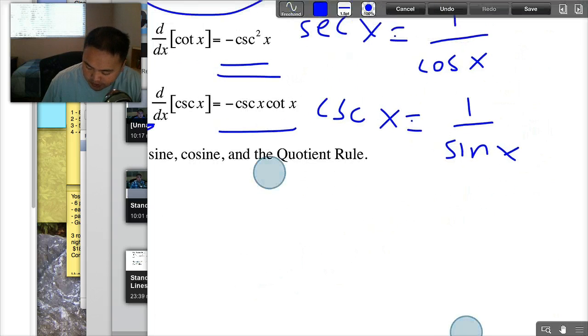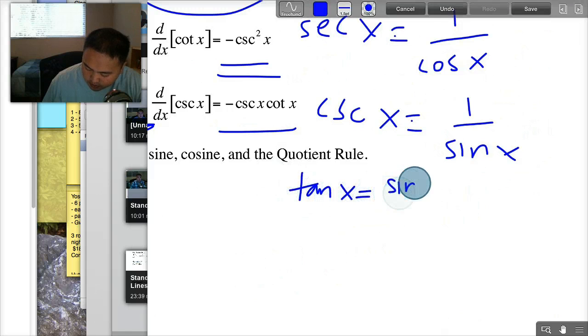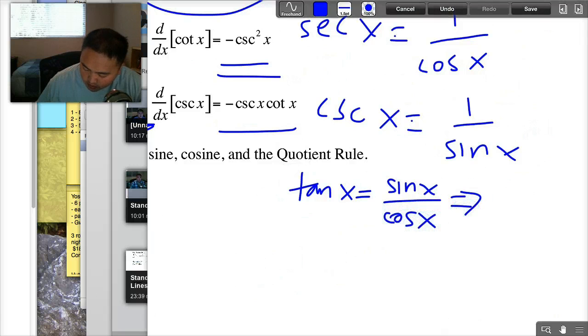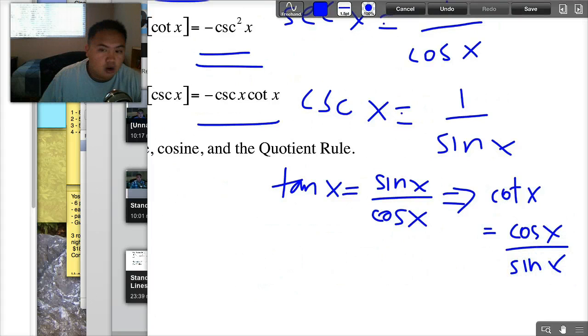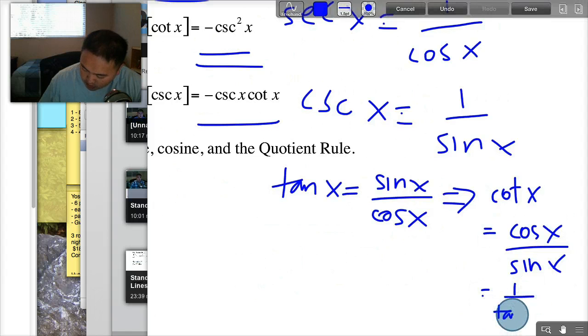The definition of tangent is sine over cosine. Since they're inverses, cotangent is cosine over sine, or the inverse of tangent. Another way to think about it is cotangent is the same thing as 1 over tangent.